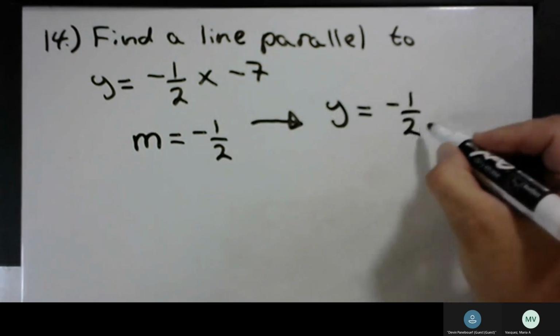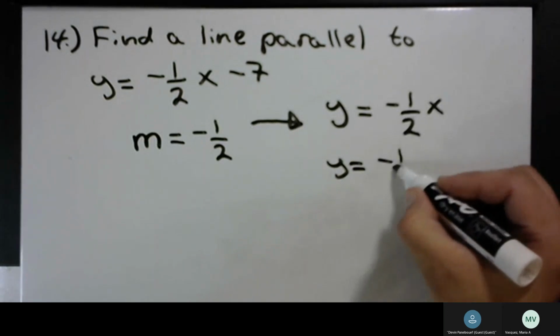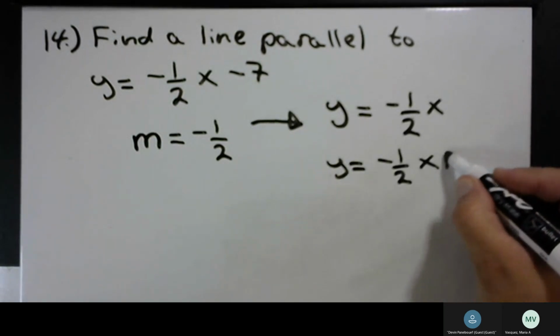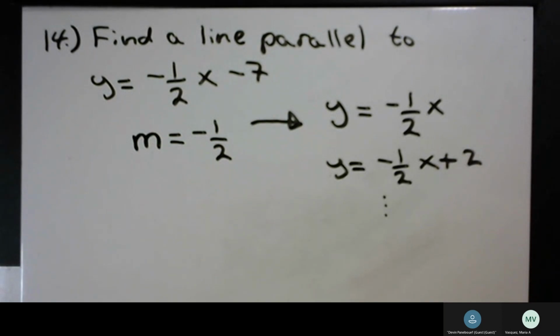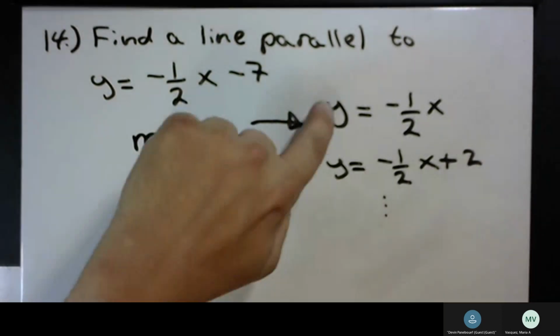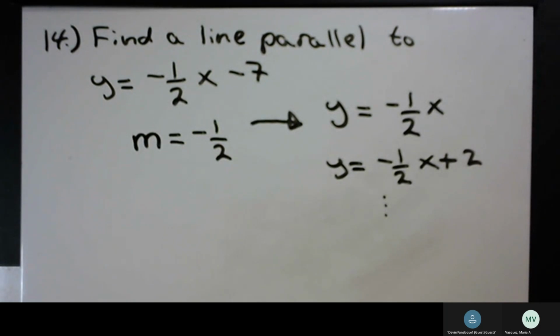So you could go -1/2 x, -1/2 x plus 2, and so on. But these will all be parallel to this line. Questions about that?